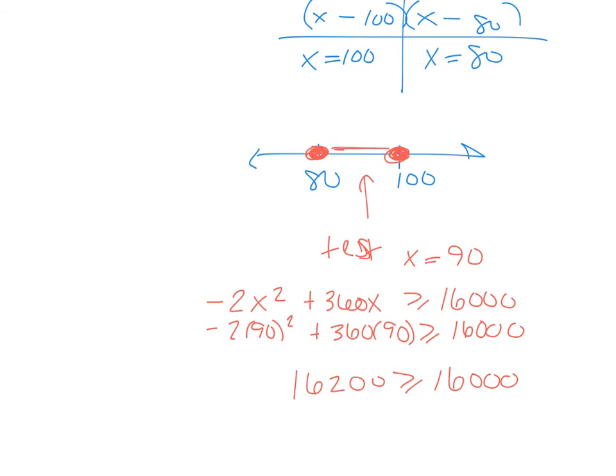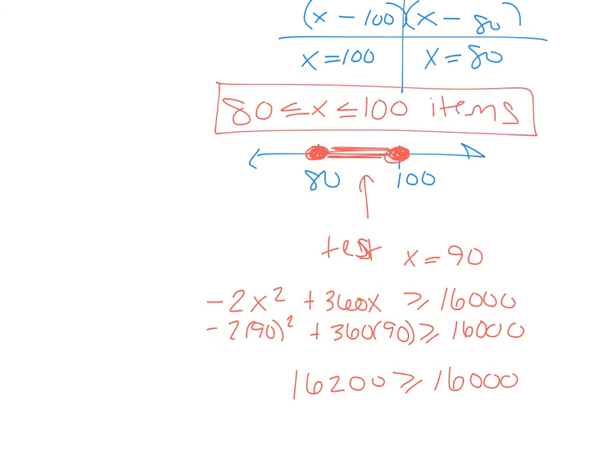So I can shade here, which means my possible value of x would be between 80 and 100. So I'll say 80 is less than or equal to x, which is less than or equal to 100 items. The only thing I'm going to state here also is that we can only pull integers from that range because you can't have half an item or a decimal of an item.